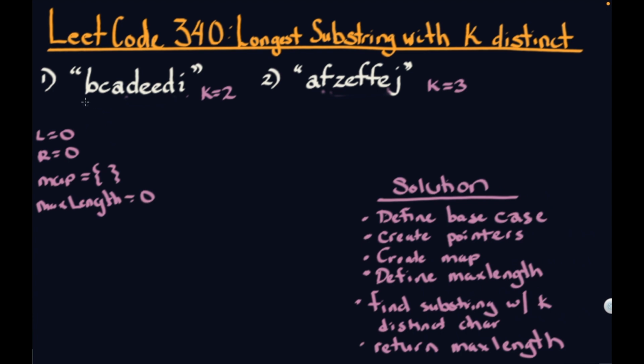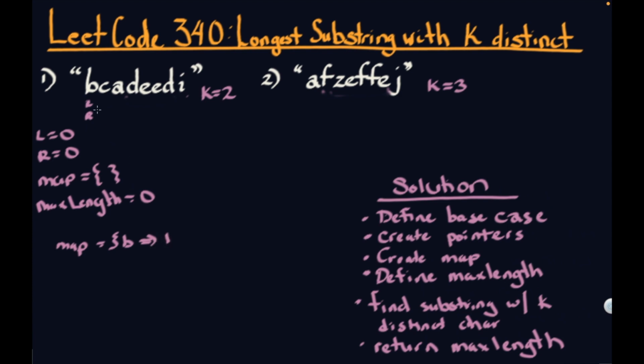So we have an L here and an R here, and they're going to start right here at that B, right? So we're going to move the R forward. First, we're going to add this B to the map. So let's just see the map. We're going to add the B to the map, and we're going to give it a value of 1.